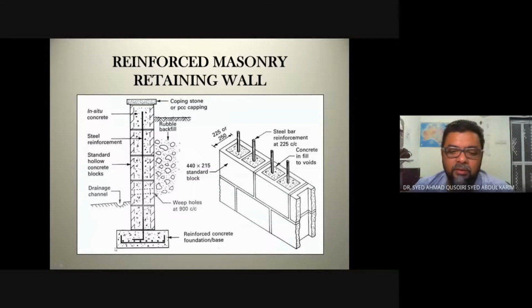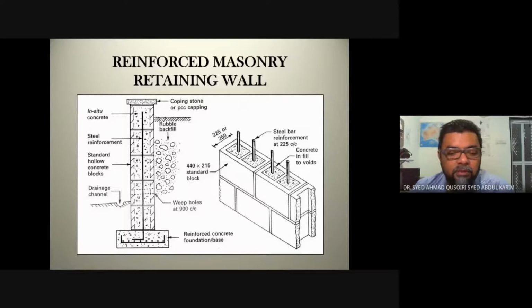So they prepare a concrete base and then they have this starter bar going up. It's just like building a concrete column, I guess, or a concrete retaining wall. So they will have this starter reinforcement.